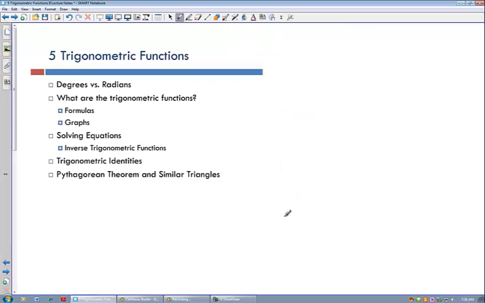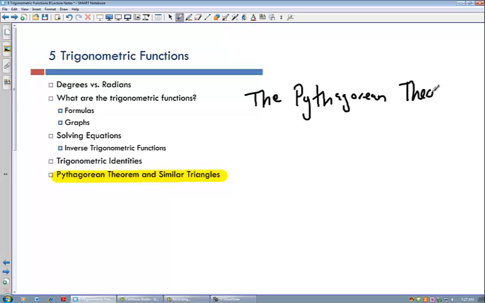All right, the last thing I want to talk about are a couple of theorems here. I'm sure we've done the Pythagorean theorem before, but I haven't talked about the law of similar triangles. So let's take a look at these two things real quickly. So the Pythagorean theorem, which is basically probably the most important theorem in the calculus that we're doing.